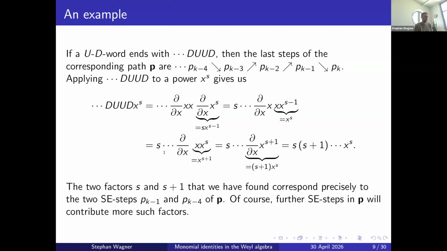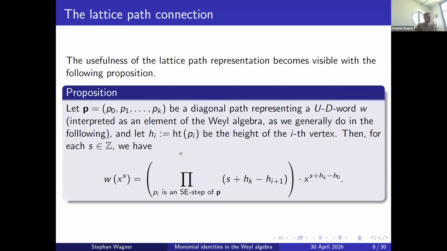And two things are equal as operators if they have the same effect on all powers of x. So we can also use this proposition to characterize equivalence at the end of the day.